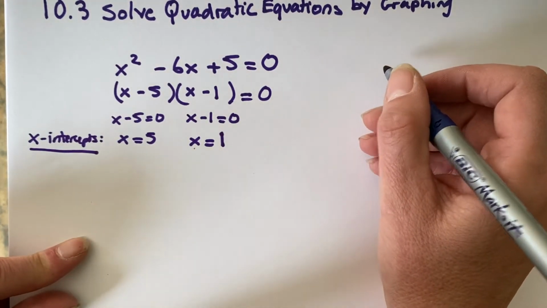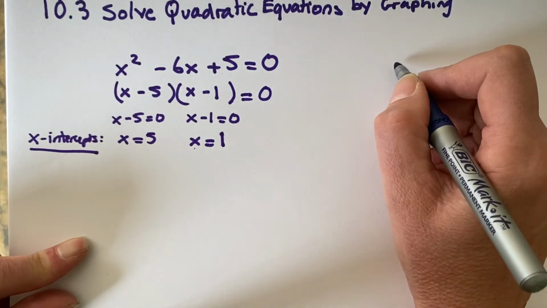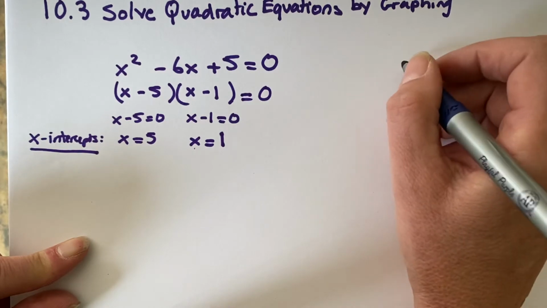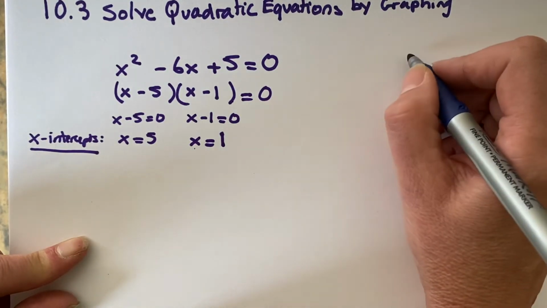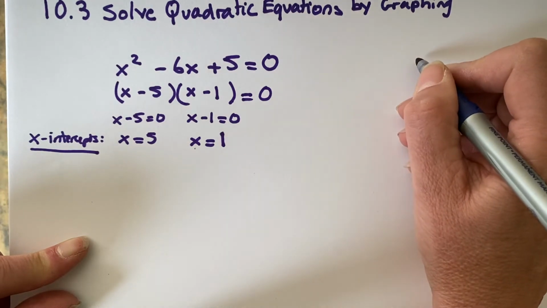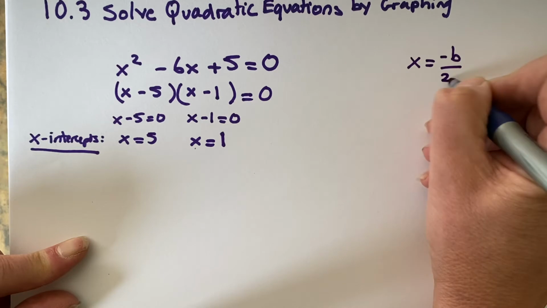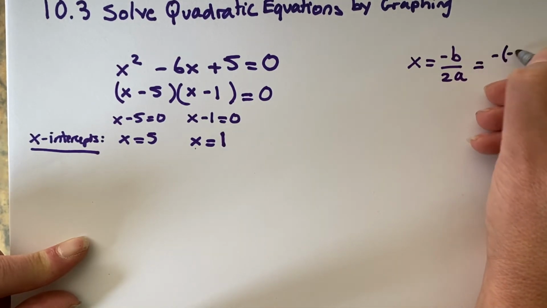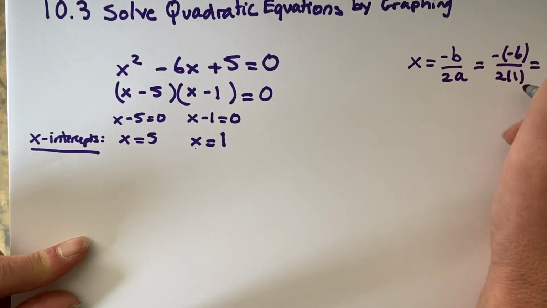So the other thing that we did in 10.1 and 10.2 is we talked about equations like this and how to graph it using the axis of symmetry. So the axis of symmetry, if we were to find that here, would be x equals negative b over 2a, which is equal to negative 6 over 2 times 1. 6 over 2 is 3.